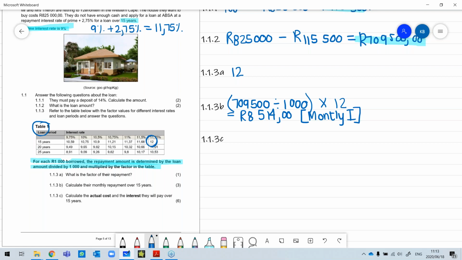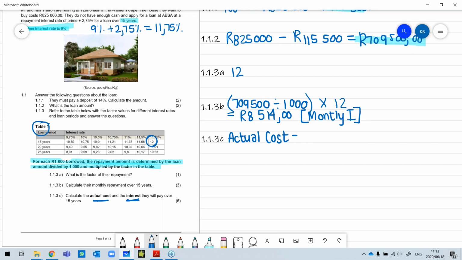Okay, monthly installment. Now for question 1.1.3c, it says to calculate the actual cost and the interest. So we're going to do two sets of calculations, one for the actual costs, one for the interest that they will pay over 15 years. First of all, let's determine the actual costs.